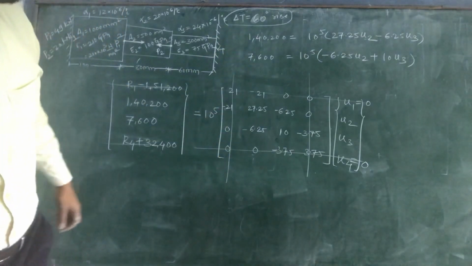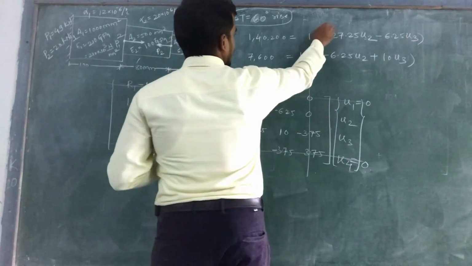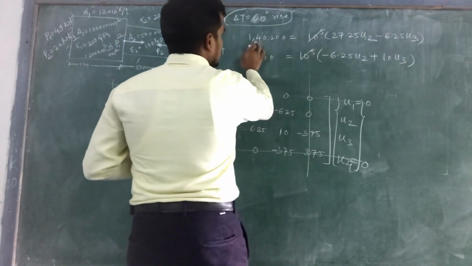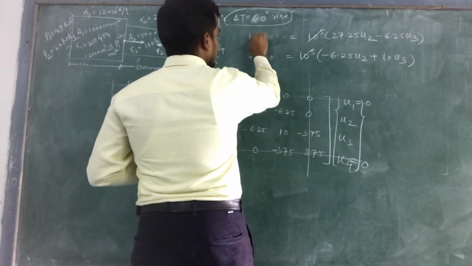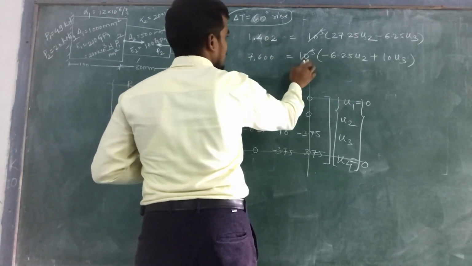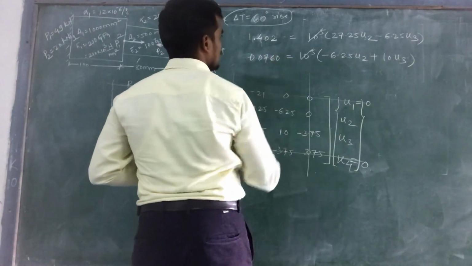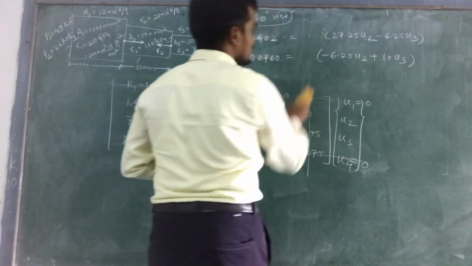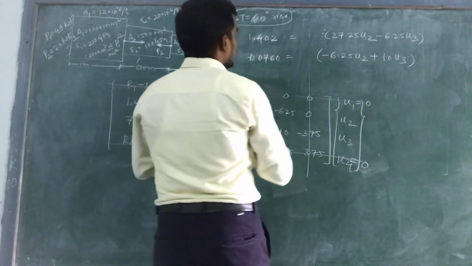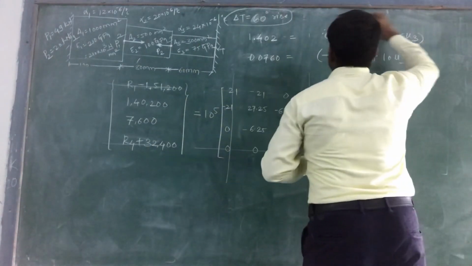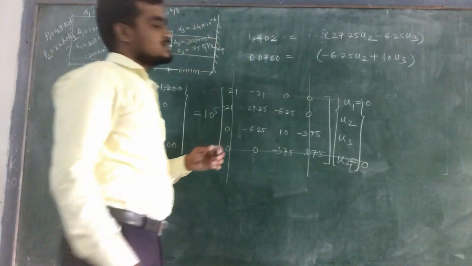Okay. So on solving these two equations, 10 raised to the power 5 we can cancel. So it will become 1.402 and 0.076. By solving these two equations, you will get u2 and u3.